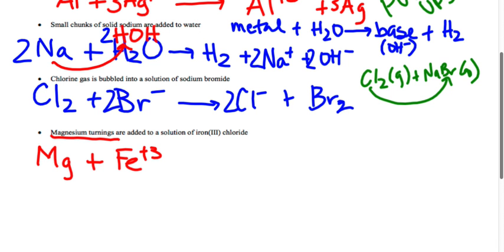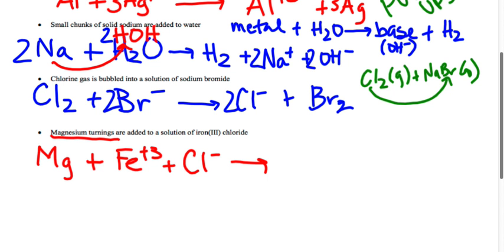So we get Fe plus 3. Do you see why I split them into ions, though? Why? Because it's soluble, and what else? It says the word solution in the actual problem, okay? All right, so we're looking for redox changes with charge going up and down.